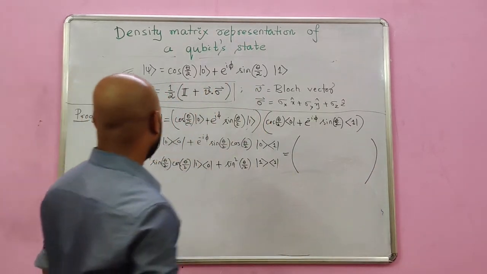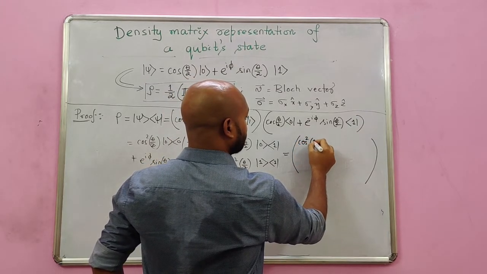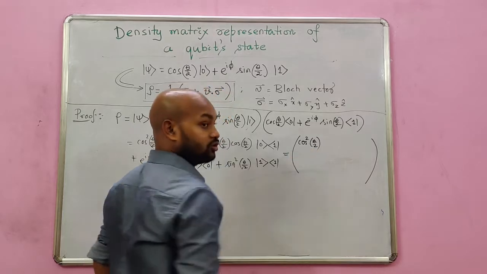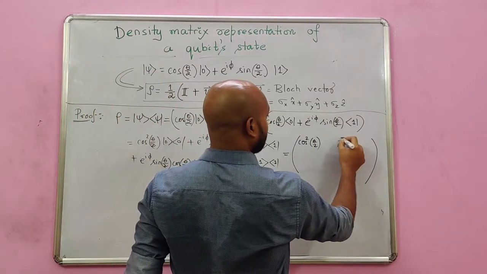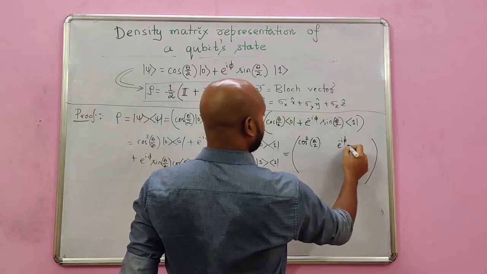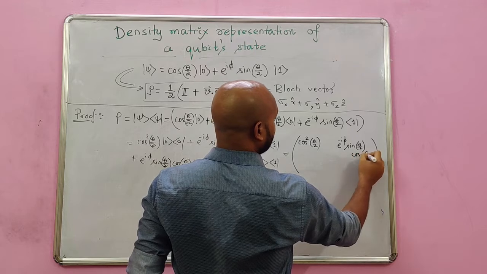I get a cos square theta by 2 here. This position is meant for the coefficient of |0><0|. I get e power minus i phi sin theta by 2 cos theta by 2.